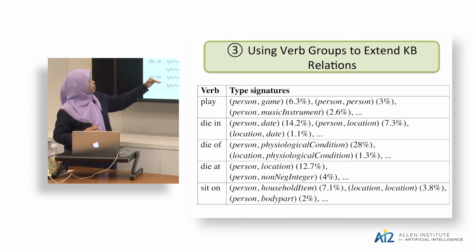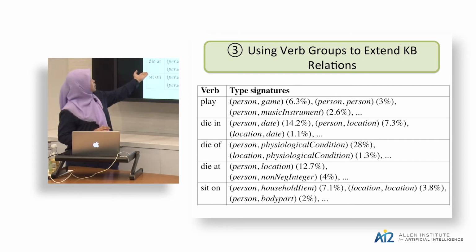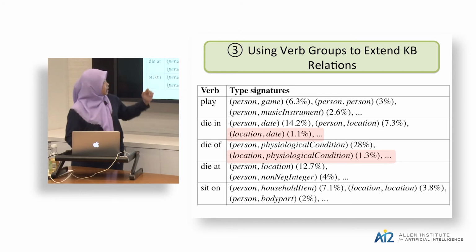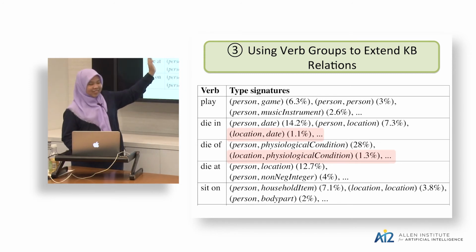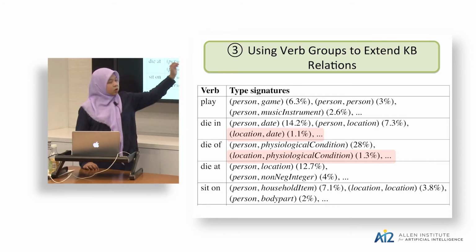These are some of the type signatures that we learn for the different verbs. For example, play can take person, person play game as one of the types, with 6.3% of occurrences in the corpora. You can see that there are some wrong, well, interesting or weird ones, like location can die on a particular date, or location can die of physiological condition, with a much lower frequency.